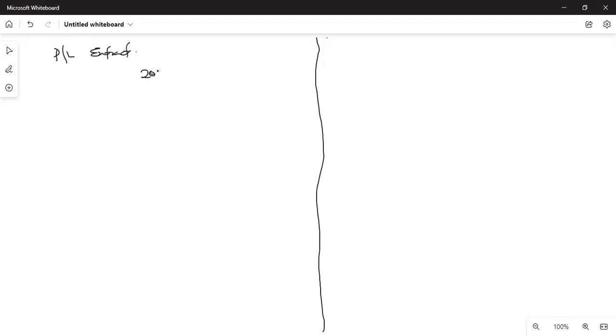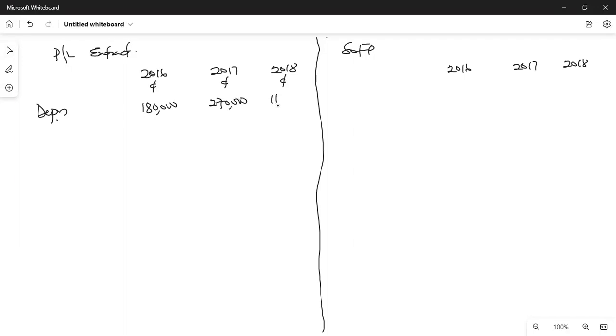So we have 2016, 2017, and 2018. Likewise, we have the statement of financial position. We have 2016, 2017, and 2018. What is going to happen here is that at the end of the year, we have depreciation for the respective years we calculated. We have 180,000 here, right? We have 270,000 here. Then we have 119,000.